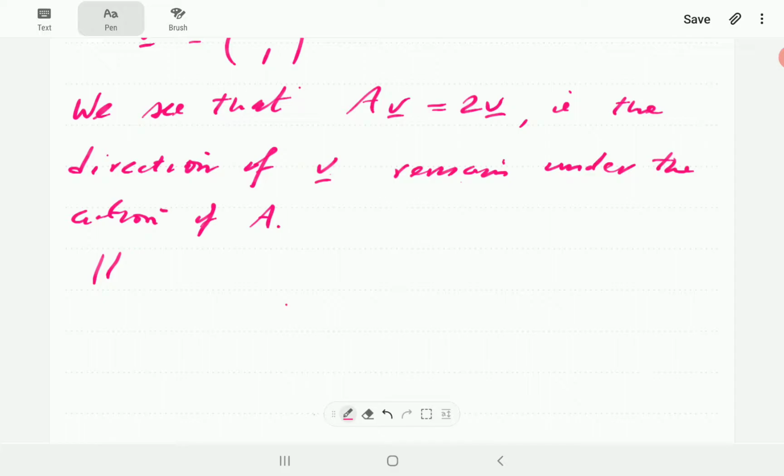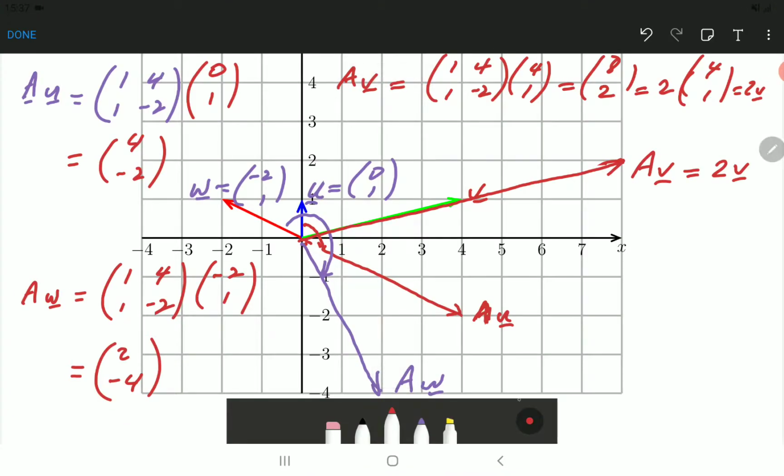Now, if we just go back and check here, so the direction remains the same, but the magnitude of AV is twice the magnitude of V. So that is V there, and then AV is 2 times the magnitude of V. So this vector whose direction remains invariant under A is called an eigenvector.